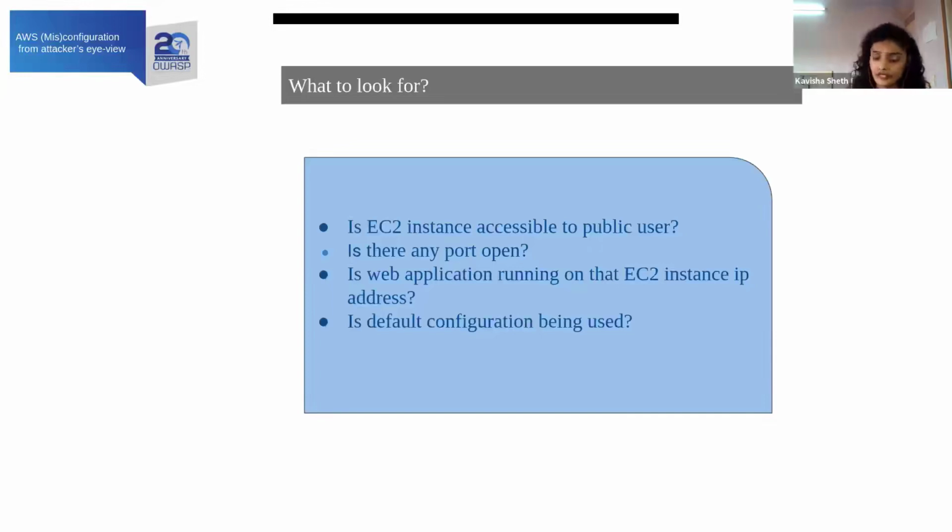I will cover that scenario as well. And is the default configuration being used? If the application is vulnerable to SSRF, the attacker can get AWS temporary credentials, or your EC2 instance is publicly accessible. So don't opt for default configuration.